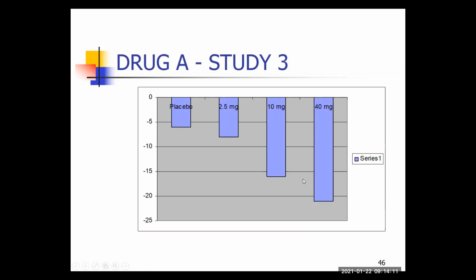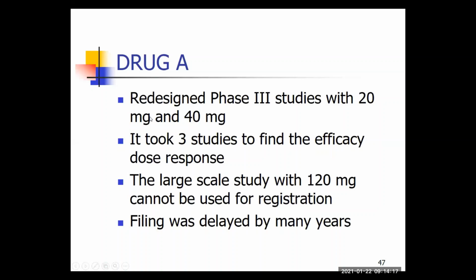Now what's the problem with this set of studies? We have to redesign phase 3 studies with 20 milligram, 40 milligram. That'll be the appropriate dosage for phase 3. It took us 3 studies to find the efficacy dose response. And the large scale study with 120 milligram cannot be used for registration. Filing was delayed by many years.